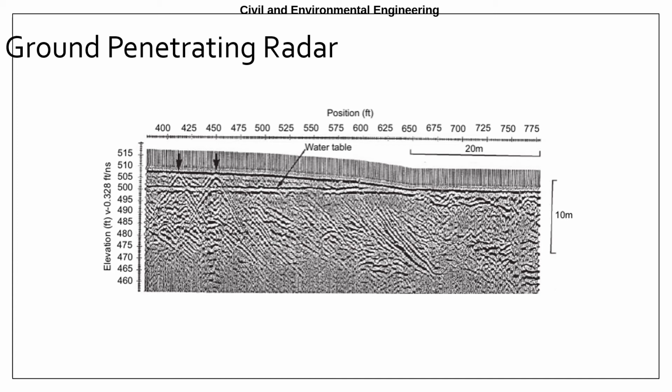So, the boundary of the water table. As discussed before, water affects the electrical properties of your soil and rock. So when you have a water table, you can expect a sharp change in electrical property of your materials.